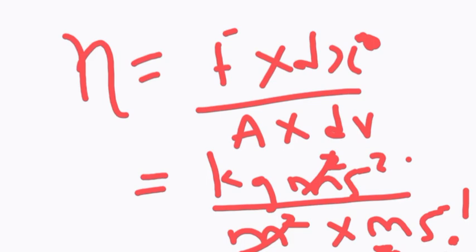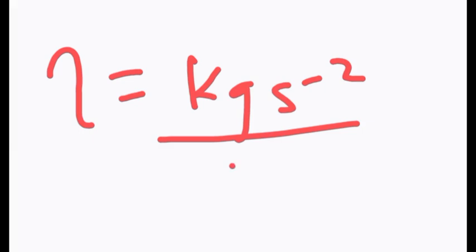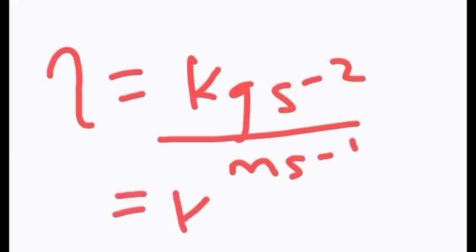Let's combine the whole thing to get what we are looking for. Remember, we are left with kilogram. The meter squared cancels the other meter, so we have kilogram, and this is left all over the meter down, that's the velocity aspect that was remaining. So we are going to have kg.